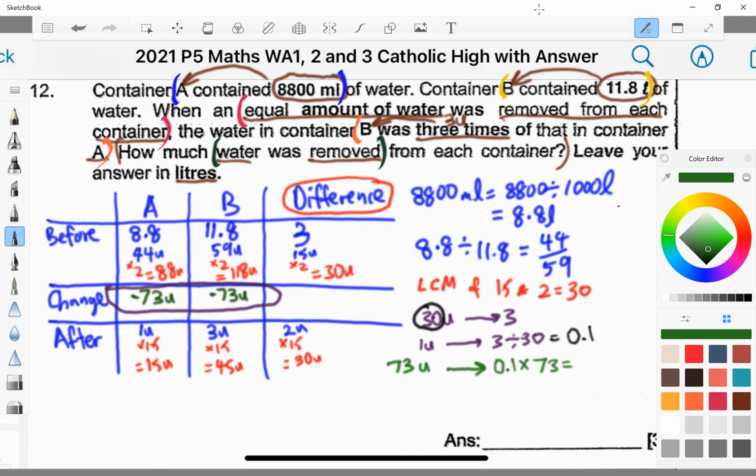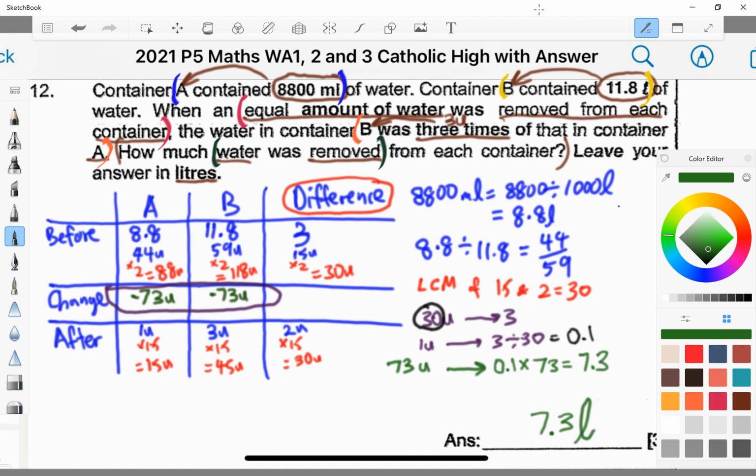So when I key this into my calculator, 0.1 times 73, it becomes 7.3. Which also means that for this question, 7.3 liters of water has been removed from each container.